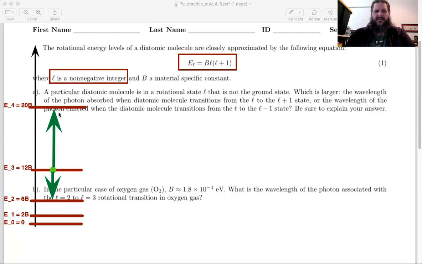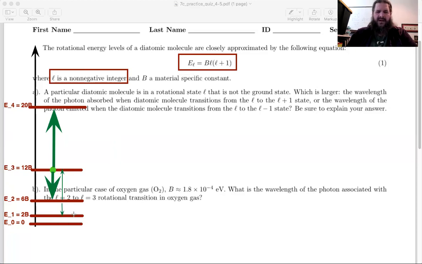Yeah, the transition up is a lot more energy. Is that just coincidentally true for L equals 3, or does that work for other values as well? Yeah, it looks like that's true for all of these. For instance, if you take a look at L equals 2, going up takes a lot of energy. Going down means you're losing only a little bit of energy.